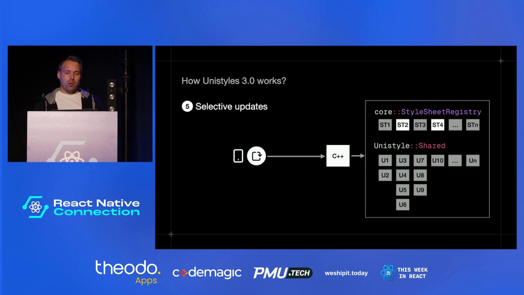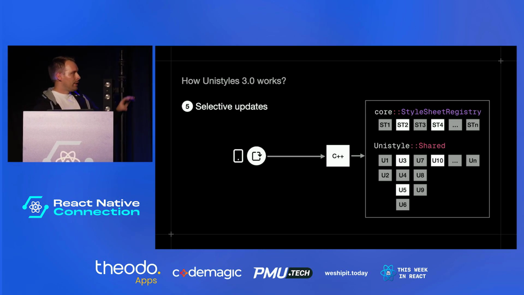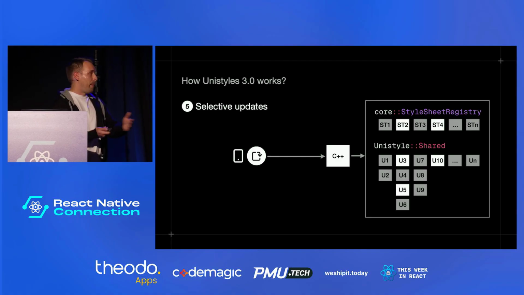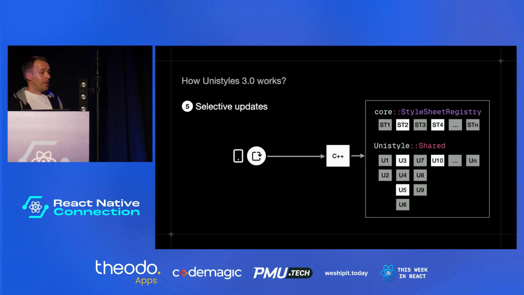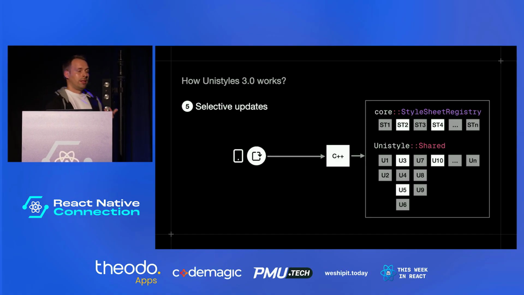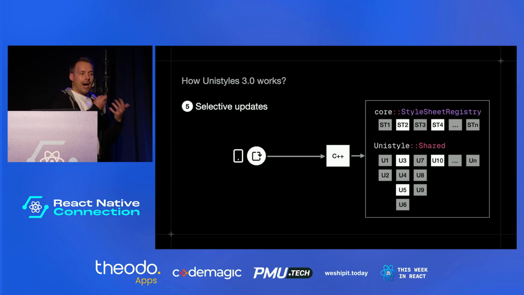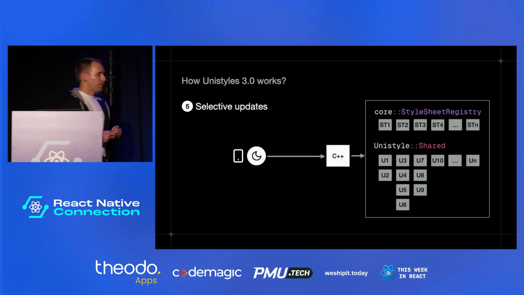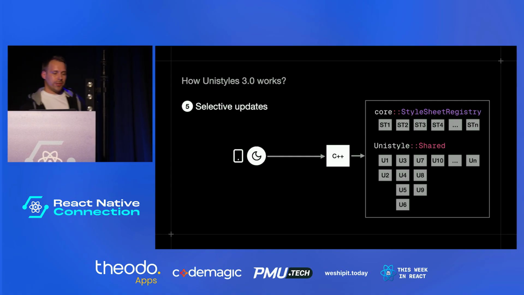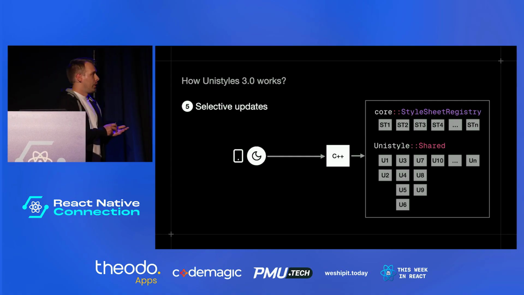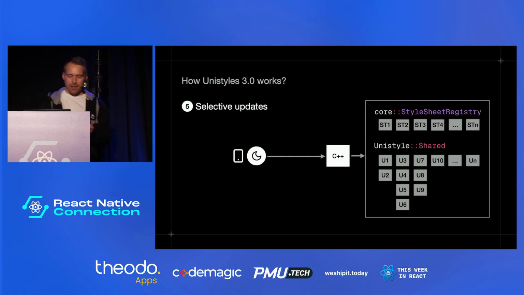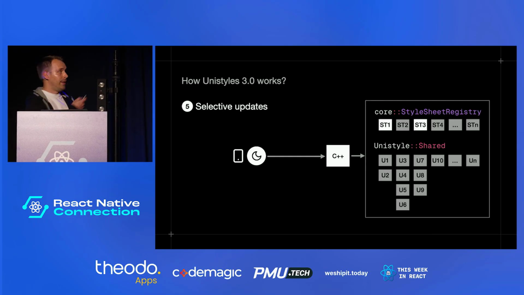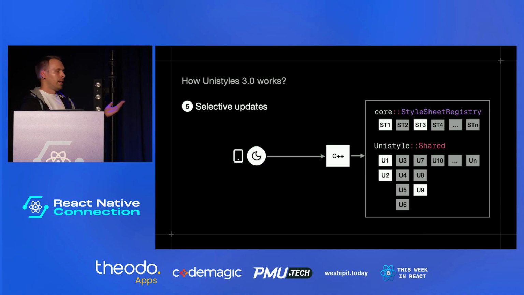And I will only grab them and look for Unistyles that depend on this change, so that I can build the new shadow tree and update it without the re-render. And again, here is another example. One of your users switches your color scheme to dark. And then we can select other style sheets and find dependent styles.